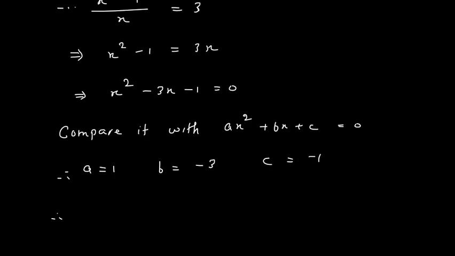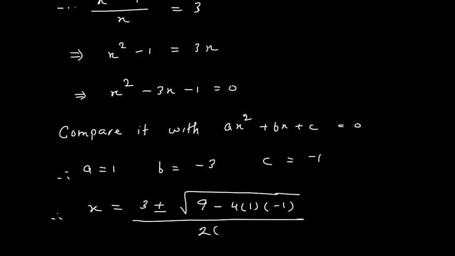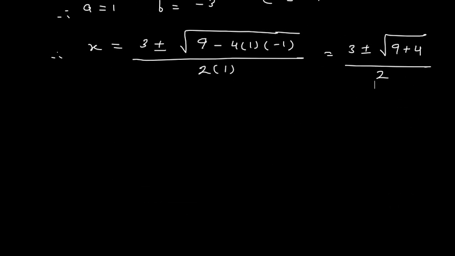So therefore our solution x is minus b, so we take negative of this, so it will be 3 plus minus root of b square, that is minus 3 square is 9, minus 4ac, so 4 into 1 into minus 1, and whole divided by 2 into a, which is 1. So this is 3 plus minus root of 9, and minus minus is plus, so 9 plus 4, whole divided by 2 into 1 is 2.